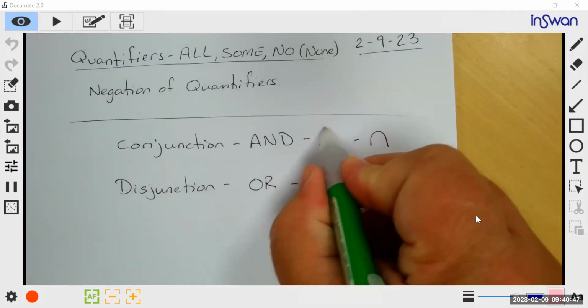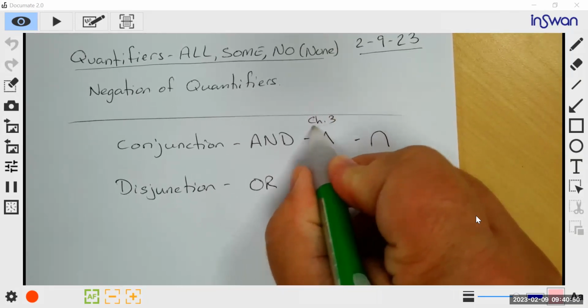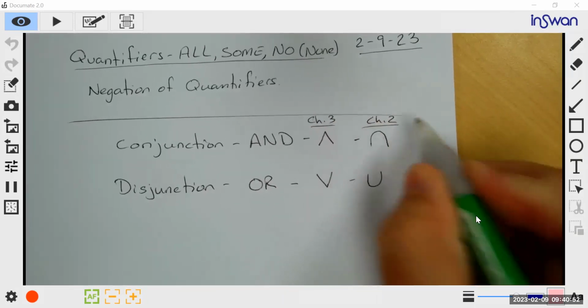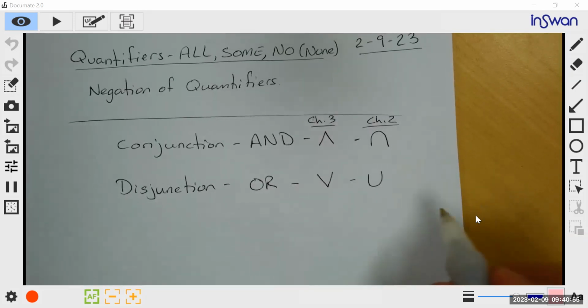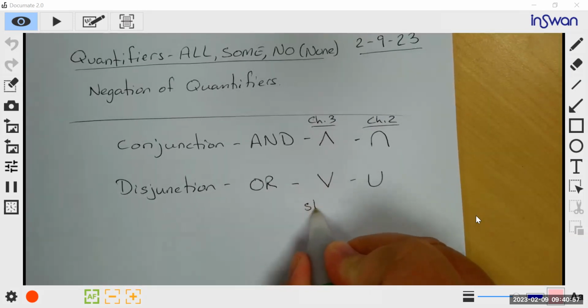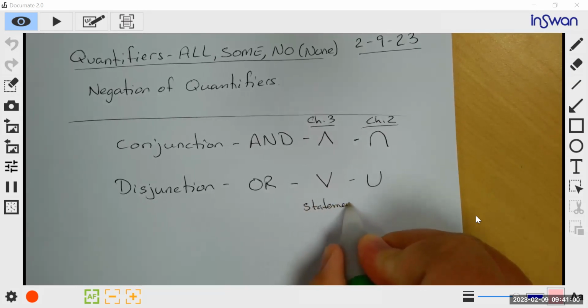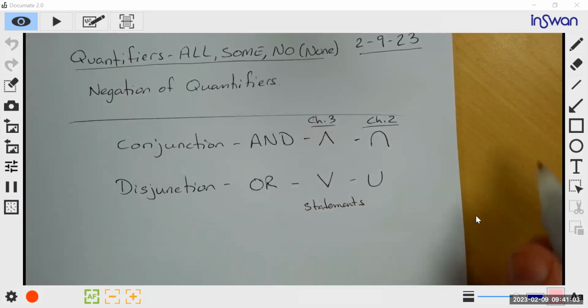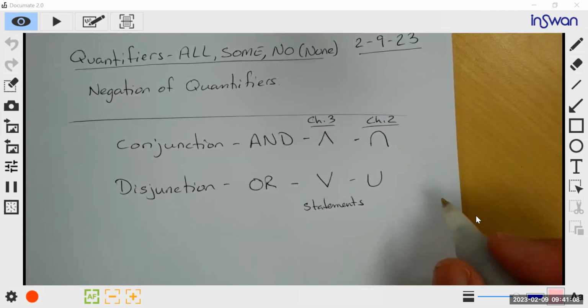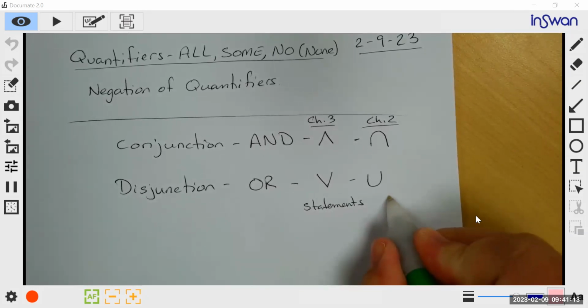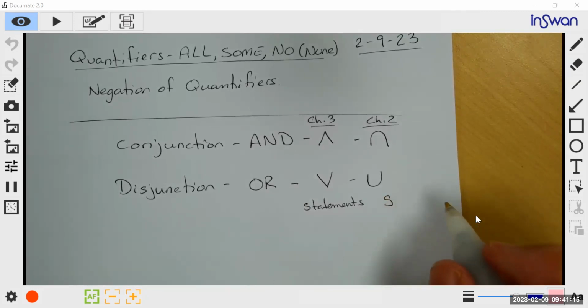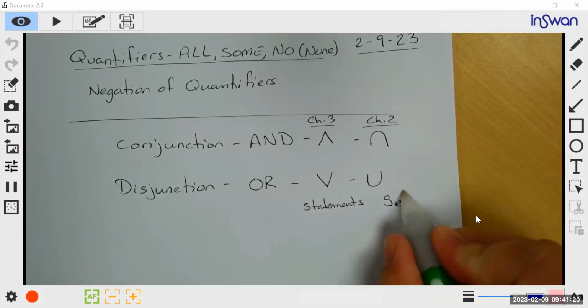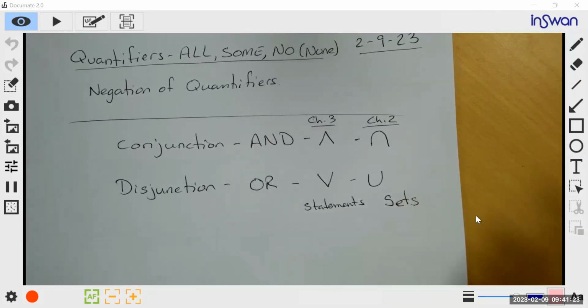So in chapter 3, we deal with statements. What did we deal with in chapter 2? Starts with the letter S, ends with X. Sets. Yeah, sets, subsets, proper subsets.